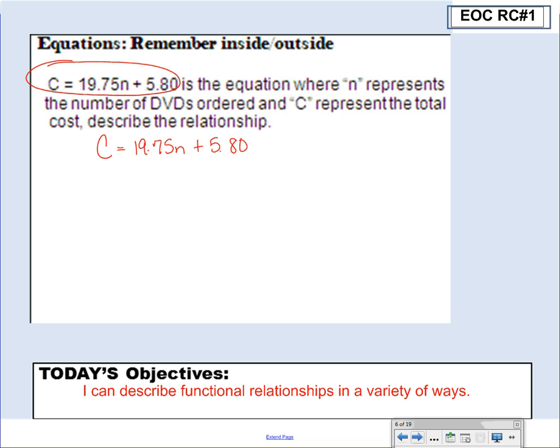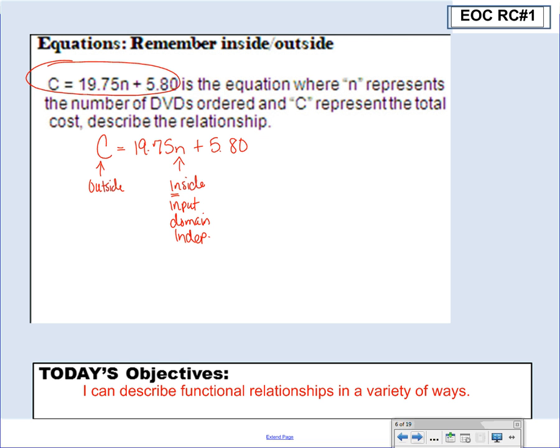And so we talked before about the letter that's on the outside. We have a letter on the outside of the equal sign, and we have a letter on the inside of the equal sign. If we use the words that we used before, our inside is our input, also our domain, also our independent.